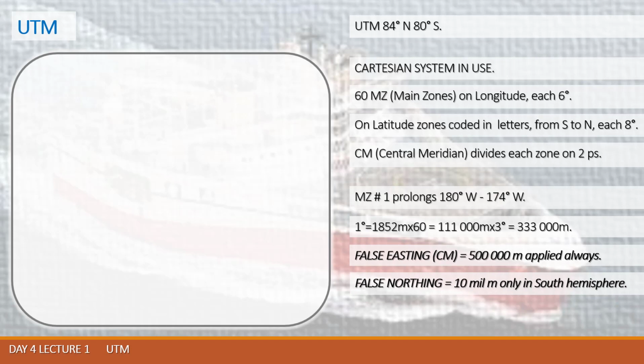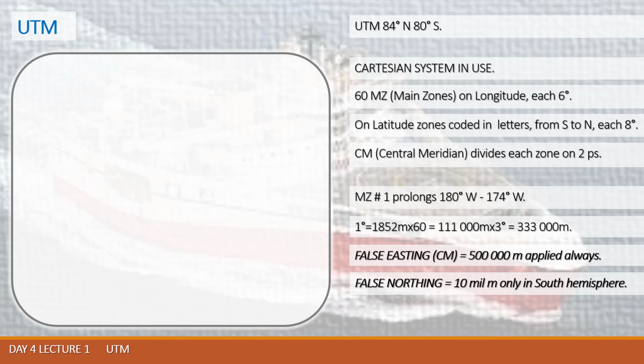Those artificial offsets are needed to avoid the negative numbers which may appear in a Cartesian system when you move down and when you move to the left side from the starting coordinate of the system. So that is the main idea.